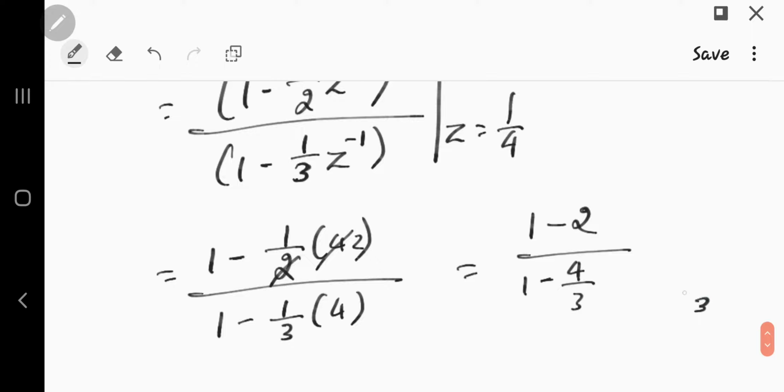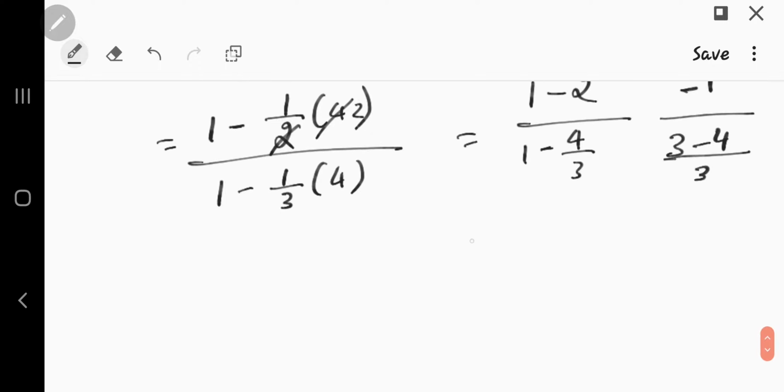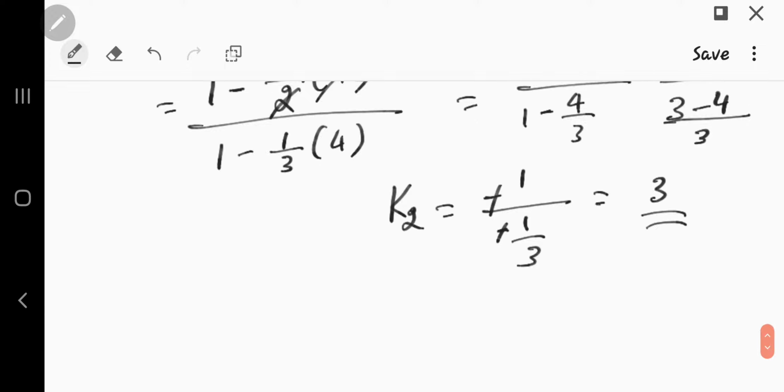If you take the LCM, 1 minus 2 is minus 1, divided by 3 minus 4 over 3, which is minus 1 by 3. Minus minus get cancelled, and the 3 goes to the numerator. So this is the value for K2.